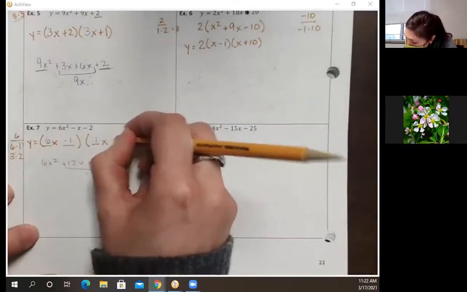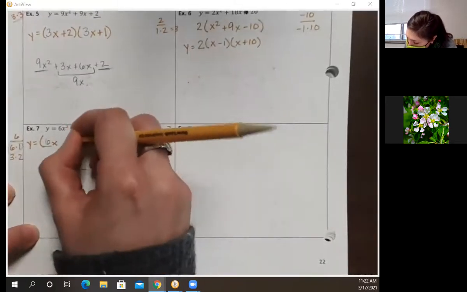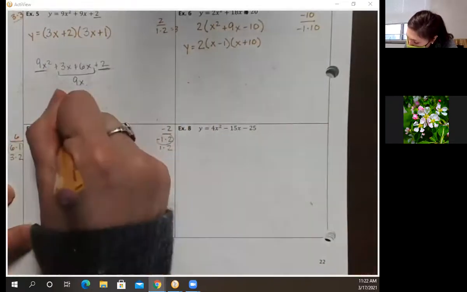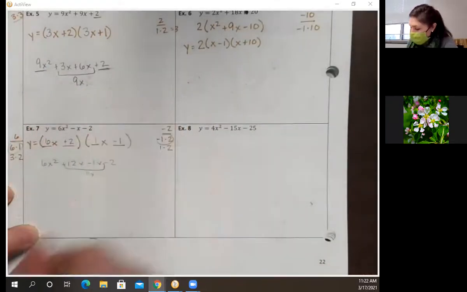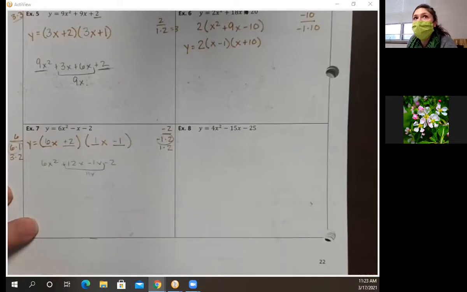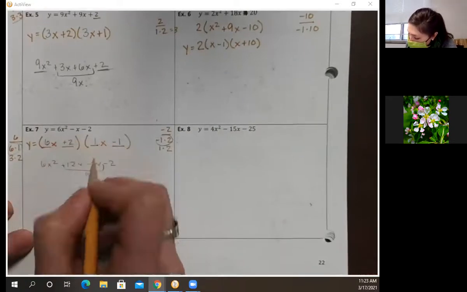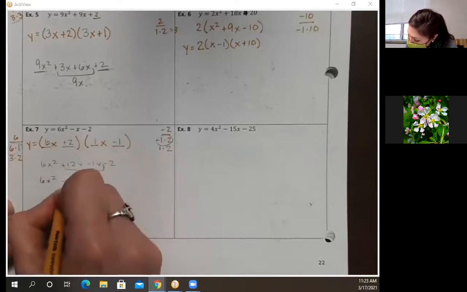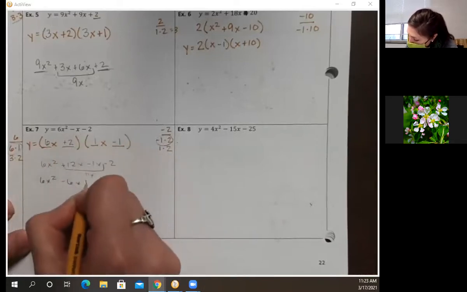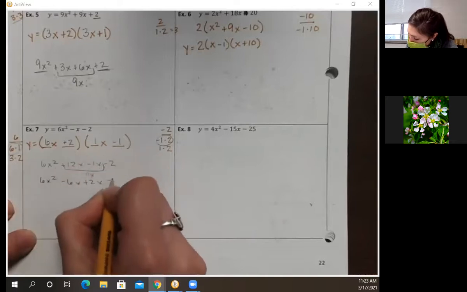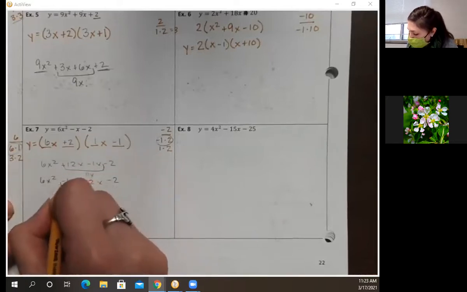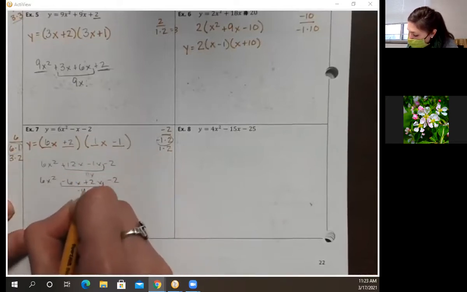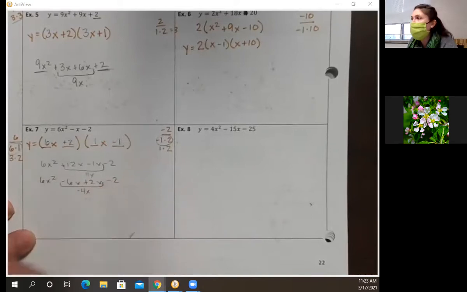Before I completely scrap all of these, I'm going to try switching those numbers. So 6x times x would give me 6x squared minus 6x plus 2x minus 2. When I combine my middle ones this time, I get minus 4x. That one didn't work either.